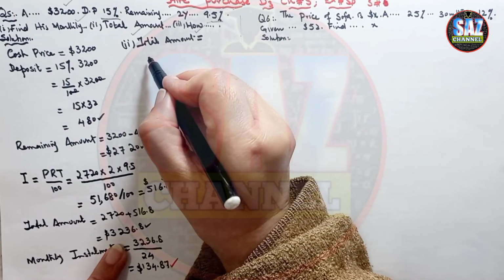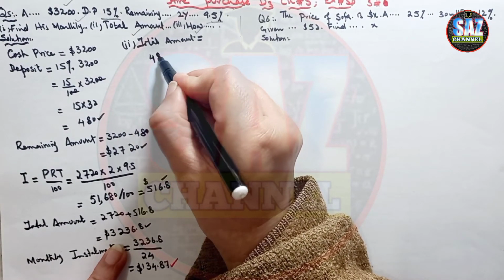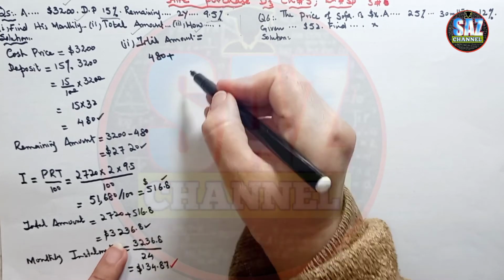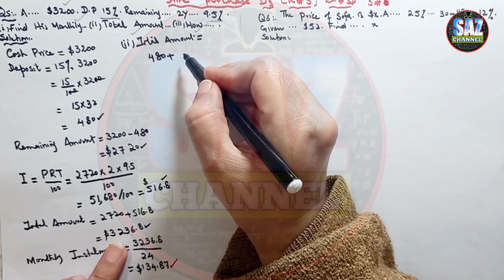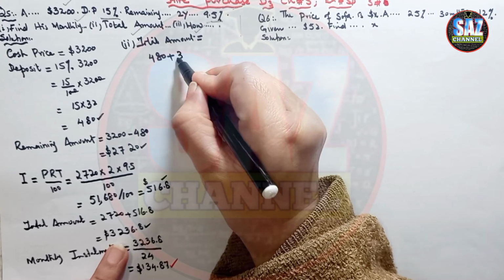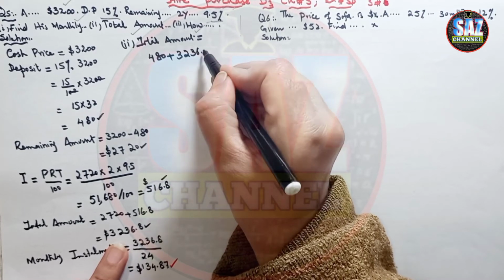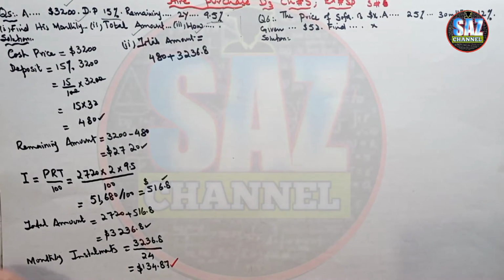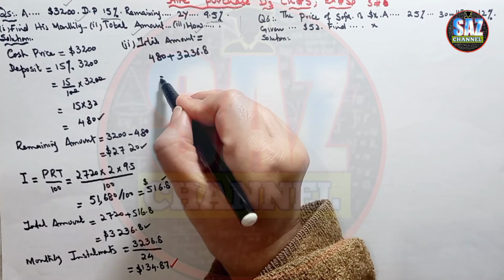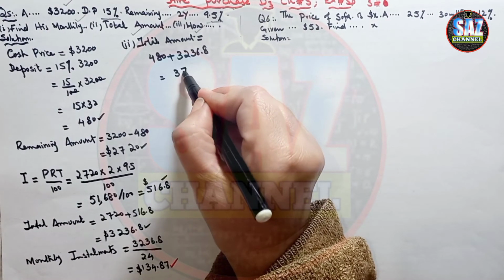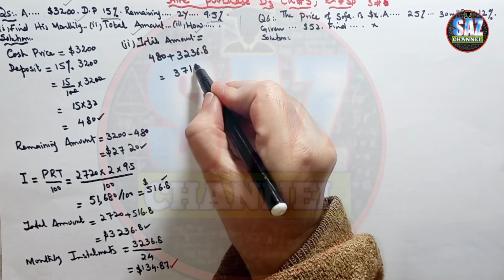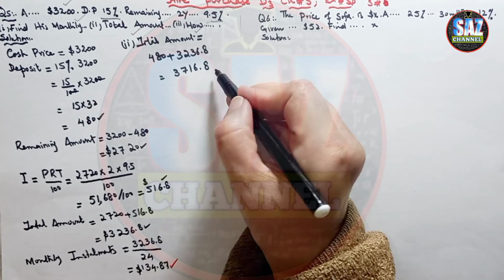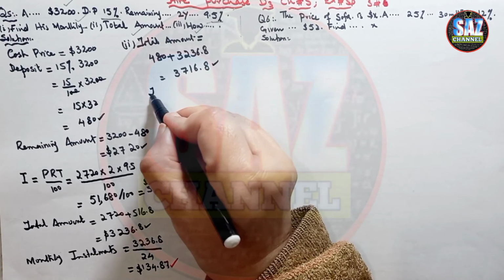The down payment, your deposit, is 480, and the amount that he is paying with interest is 3236.8. Let me add up these two values, and this gives me the total amount, 3716.8, that he has to pay.